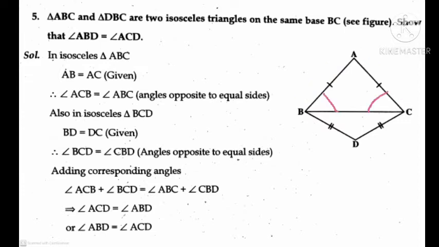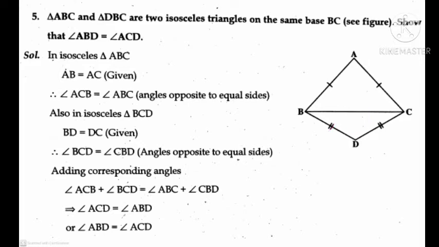Therefore, angle ACB is equal to angle ABC since angles opposite to equal sides are equal. And also in isosceles triangle BCD, BD is equal to DC. Therefore, angle BCD is equal to angle CBD since angles opposite to equal sides are equal.